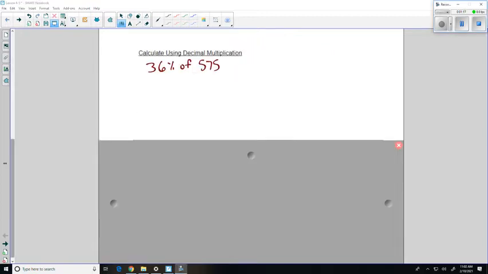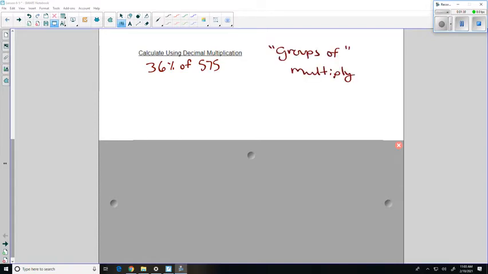But what if we wanted to find the exact answer? Well, we can do that. We just have to do a little bit of rewriting what this looks like. You might recognize that if we have groups of something, like 36% of a group of 575, well, groups of is multiply.